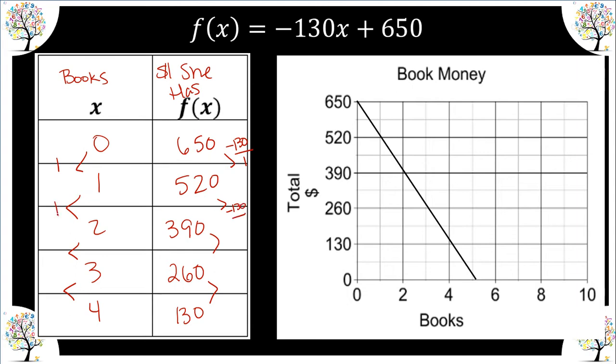And from 1 to 2, we went up 1. From 390 to 260 is a difference of negative 130. And from 2 to 3 is 1. And from 260 to 130, we went down 130. And then from 3 to 4 is a change of 1. So as you can see, all of these rates of change are the same. They are constant. This is what it means to be linear.